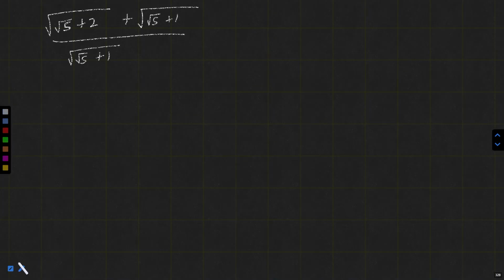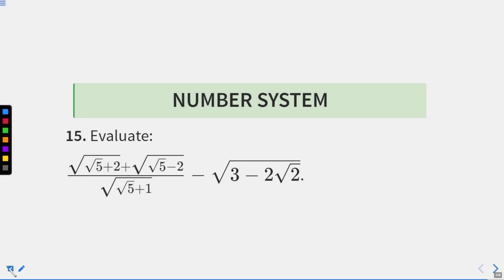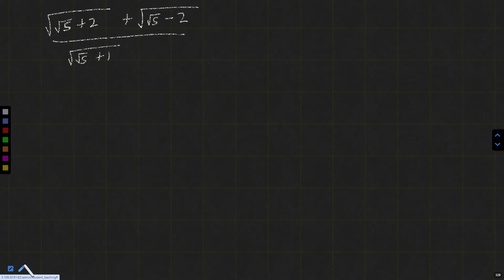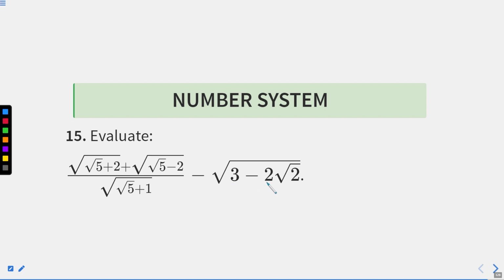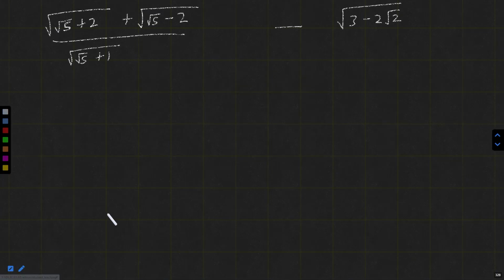Yes, sorry, it is minus 2 here. Now root of 3 minus 2 root 2. Root of 3 minus 2 root 2. Yes. So first I am evaluating this part.